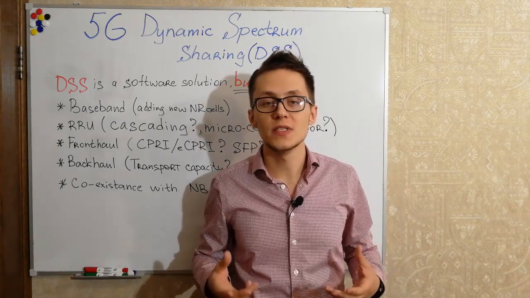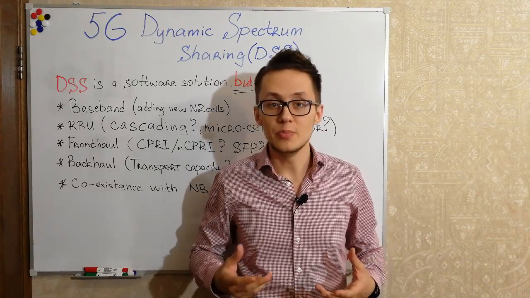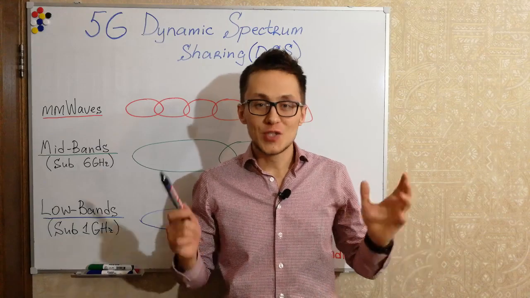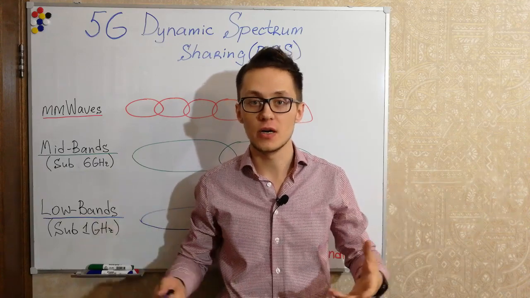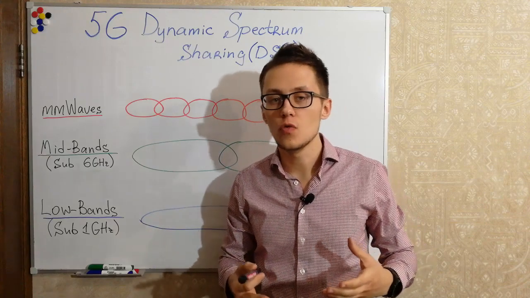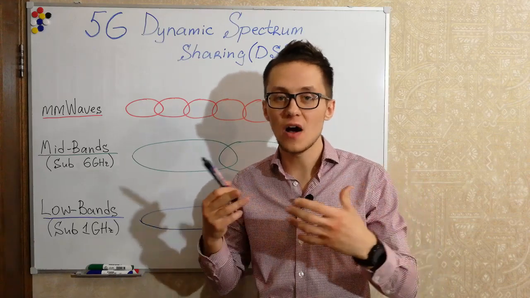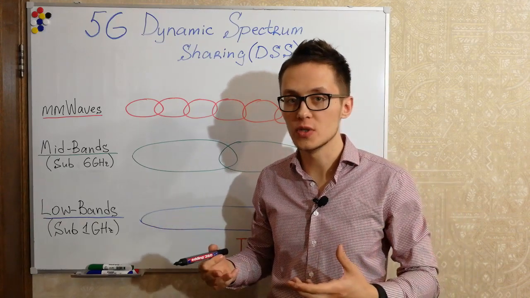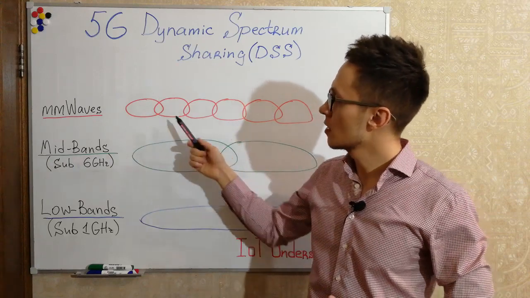And now let's consider some possible strategies that may be implemented while deploying a DSS solution in your network. As you may already know, one of the popular solutions for launching 5G is to use mmWaves, FR2 high bands, for deploying hotspots.